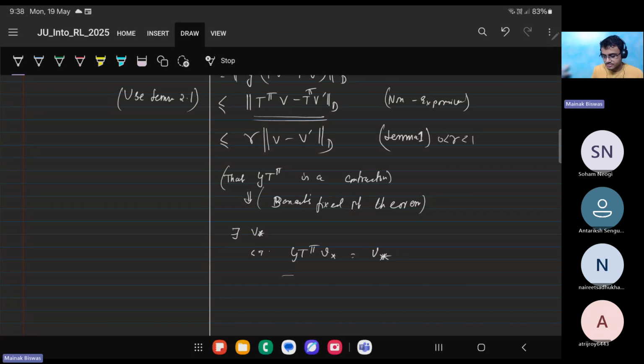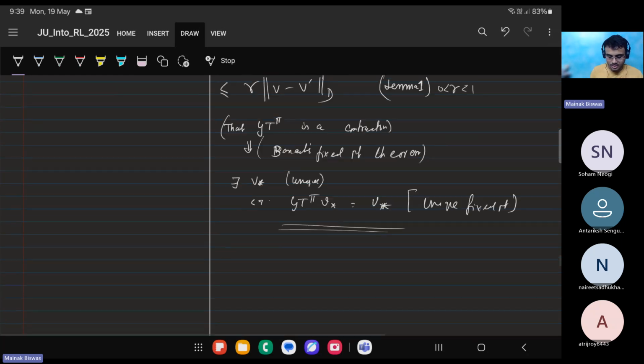Do you agree? It's the unique fixed point. Any questions? So now the quest is to find that fixed point. If we find one fixed point, we know that it is the fixed point by Banach's fixed point theorem.